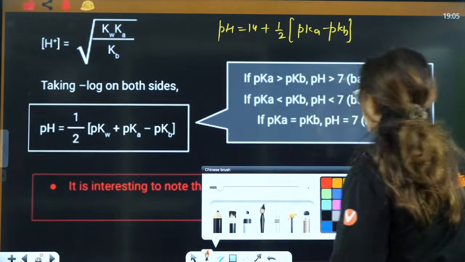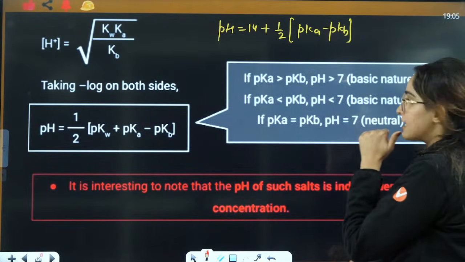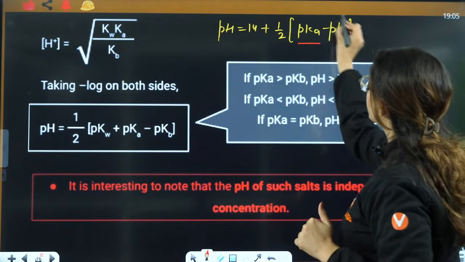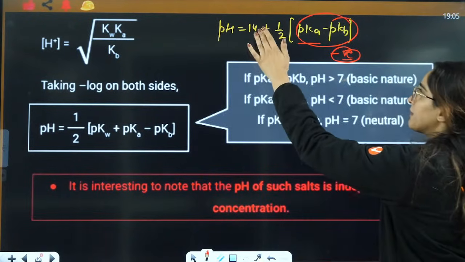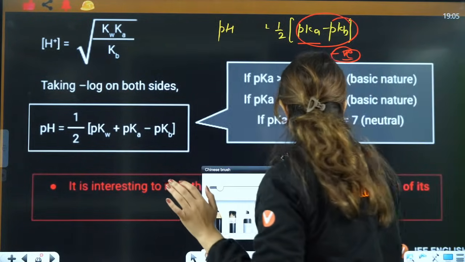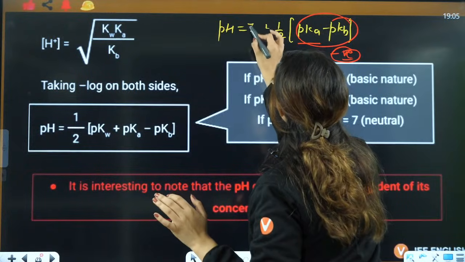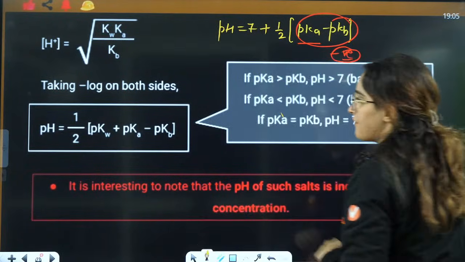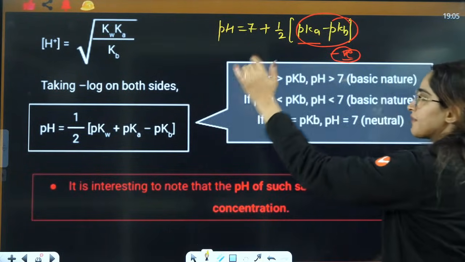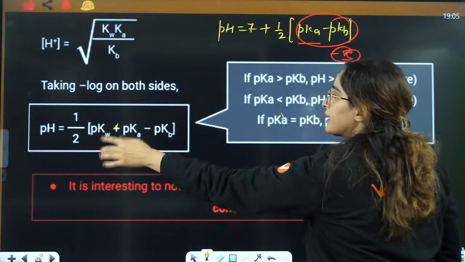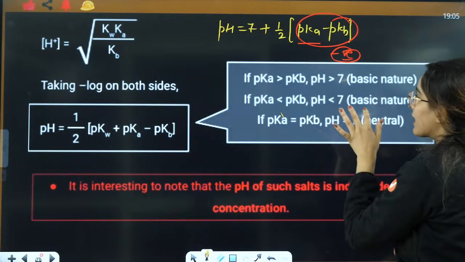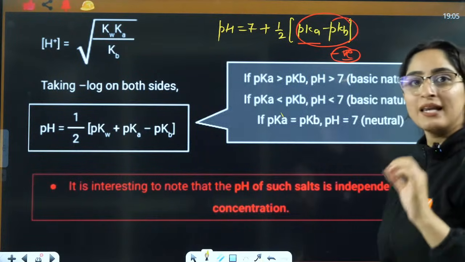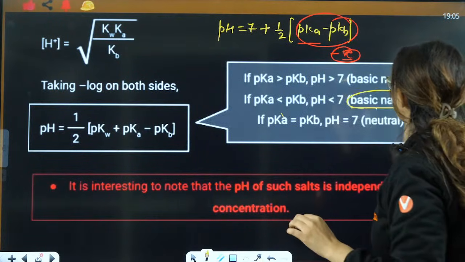If I say pKa is less, then this overall value will be negative. That means something will be subtracted from this 7. Why have I put 7 here? Because 14 by 2 is 7. So something would be subtracted from here, and that means pH will be less than 7.